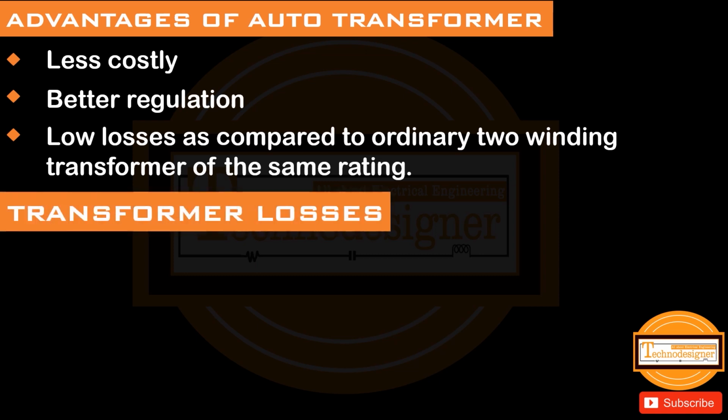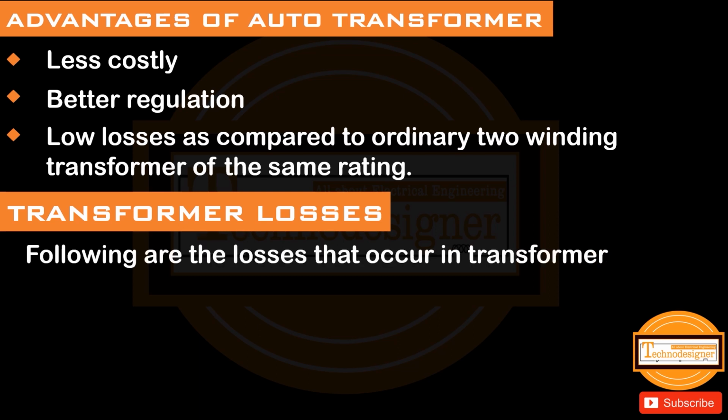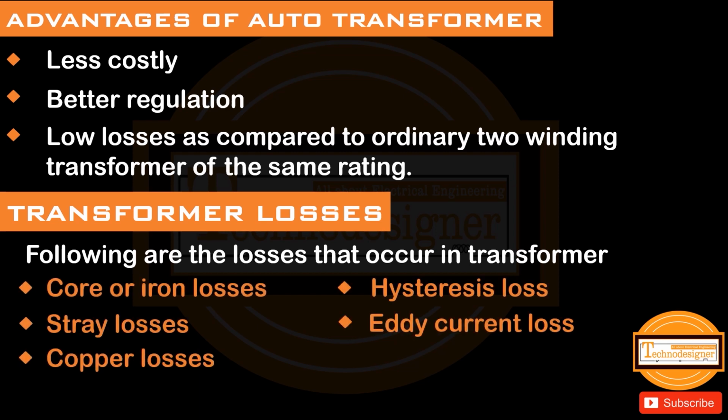Transformer losses. The following are the losses that occur in a transformer: core or iron losses, hysteresis losses, stray losses, eddy current losses, copper losses.